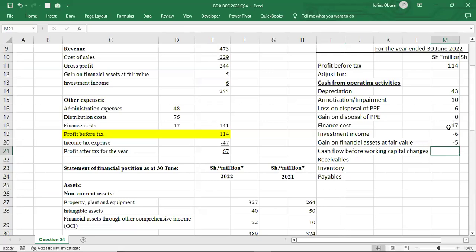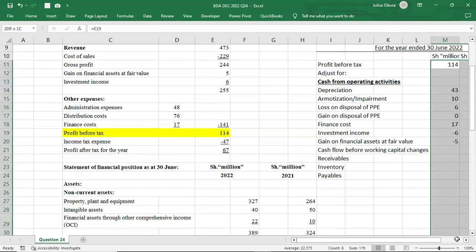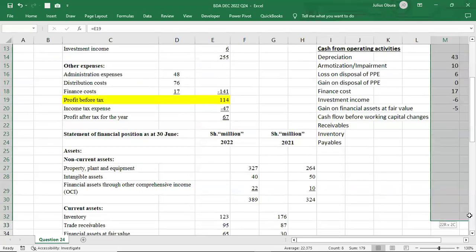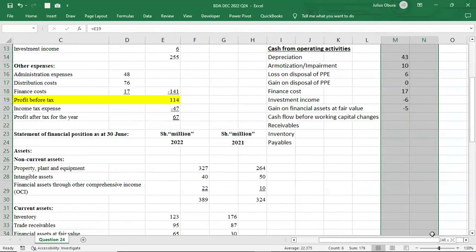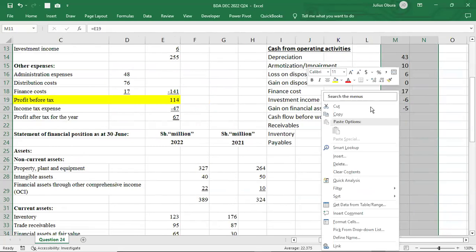Now, if you want to have the brackets for negatives, let's highlight the whole range now that we are going to work with other values within. So I can just highlight it up to there. Yeah. Then once you do that, just right click, and then you say format cells.